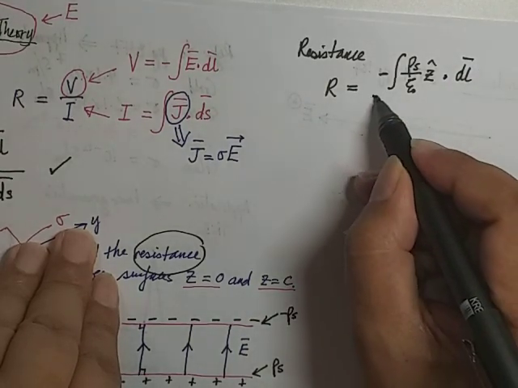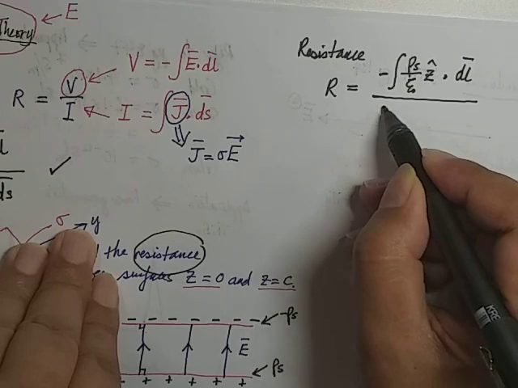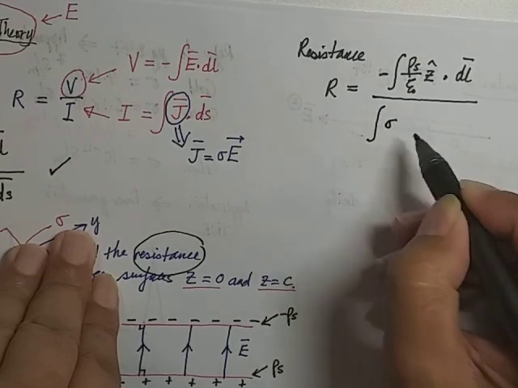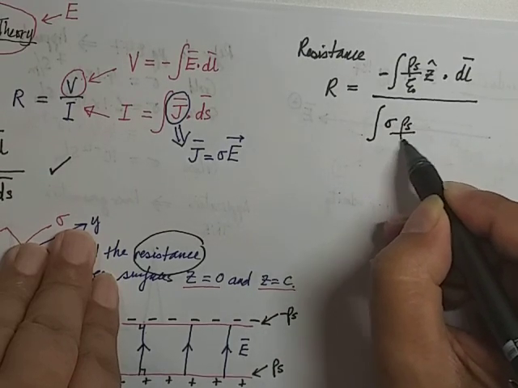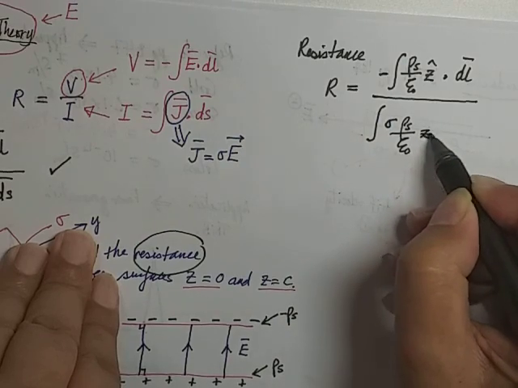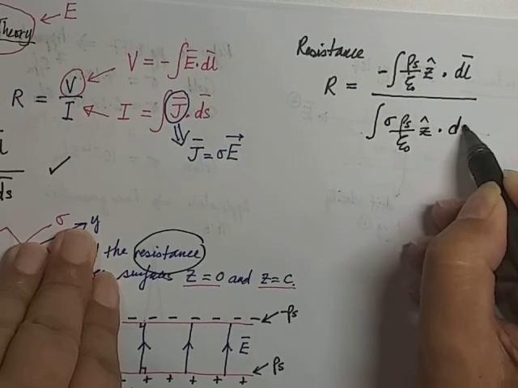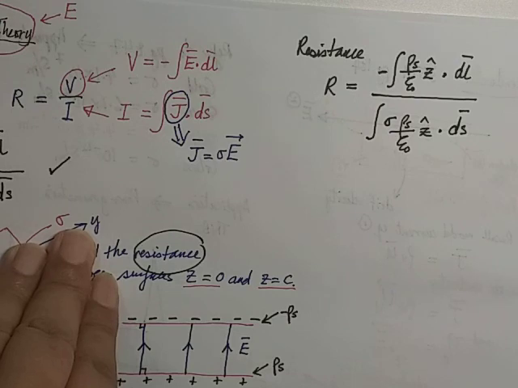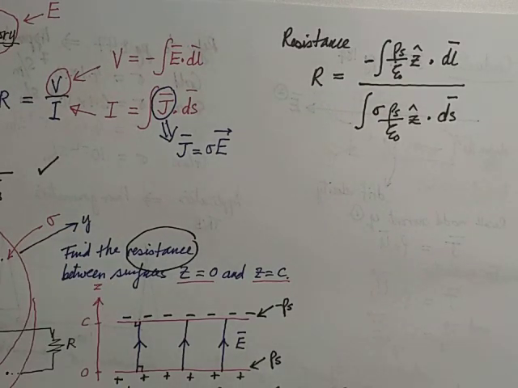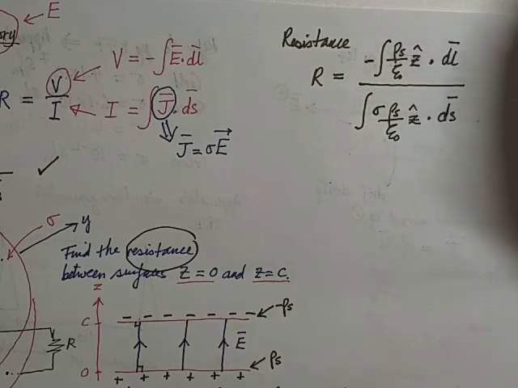Then I'm going to divide everything by sigma times rho s over epsilon naught in the z direction, dotted with ds. Okay, that is the step that we have to do. So again, you can see the E comes from our own interpretation.